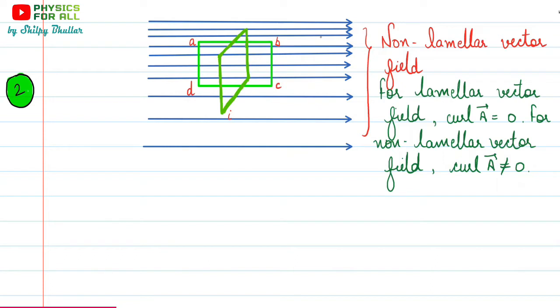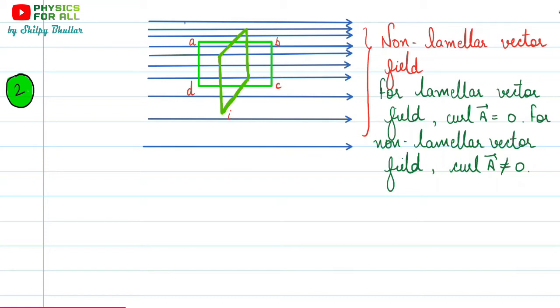Suppose it's water or any liquid which is flowing, all the layers of liquid are equispaced. There is equal distance or gap between all the layers and they are just homogeneous and uniformly moving. But in case of a non-laminar vector field, this is not the case.